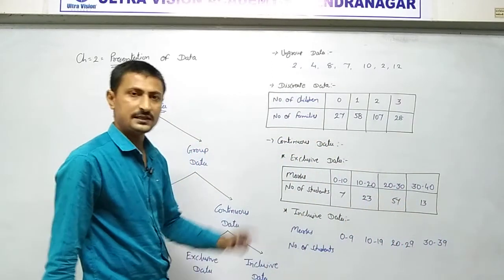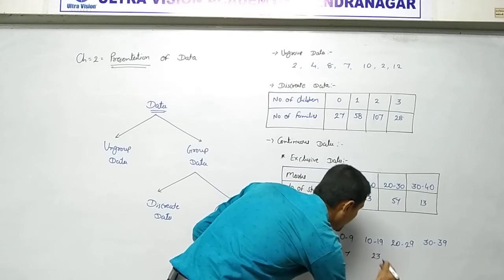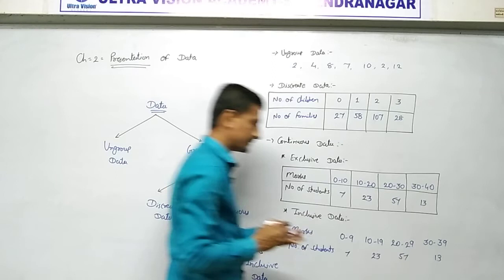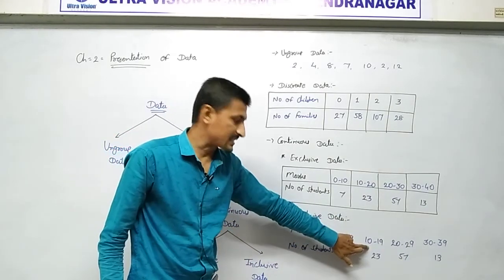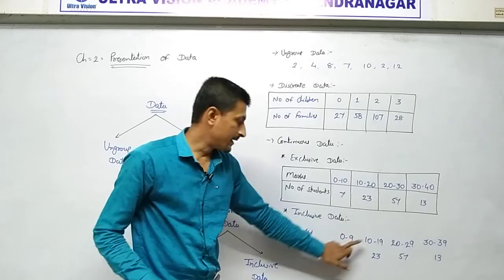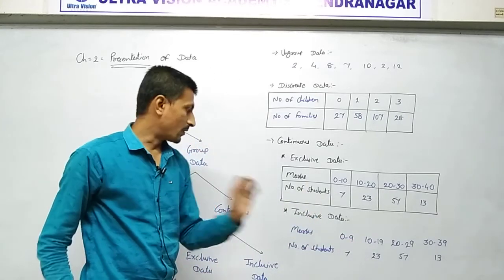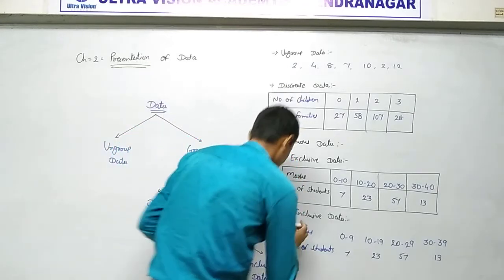Number of students is the same: 7, 23, 57 and 30. So in any given class, the upper limit and the next succeeding class's lower limit are different. 9 and 10 are different. It is called inclusive data, inclusive type of data.